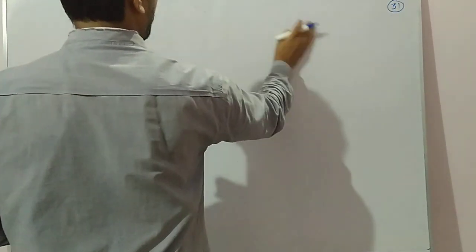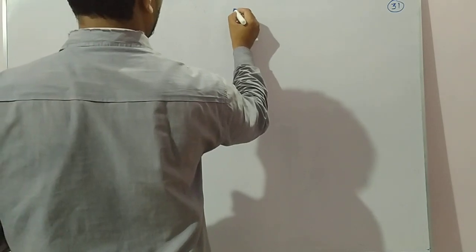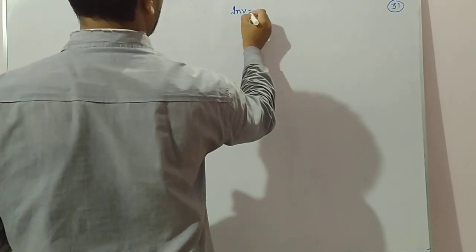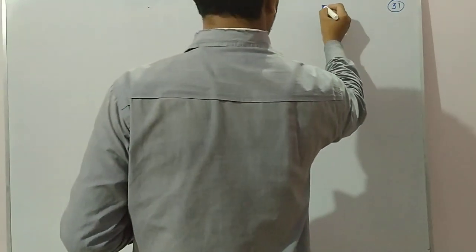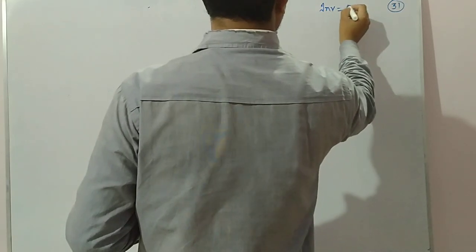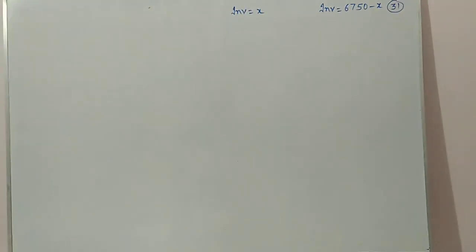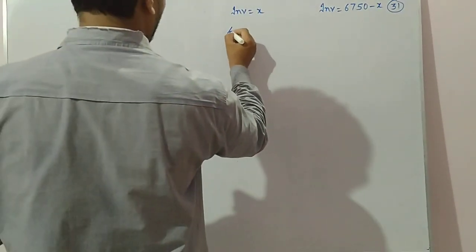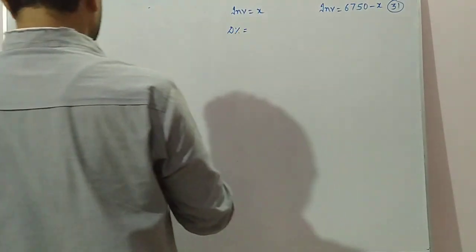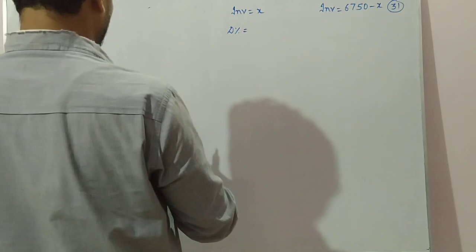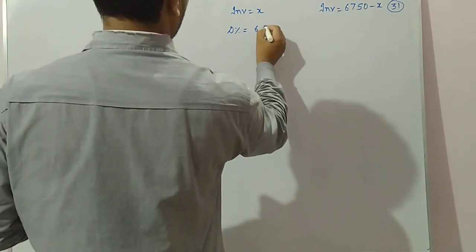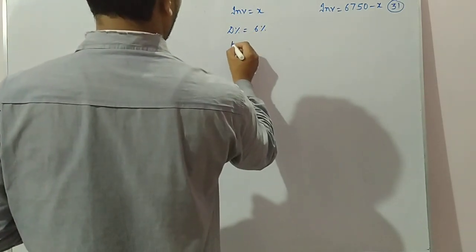So here, let in the first part the investment be X. So second part investment will be 6750 minus X. Okay. Now here the dividend percent is investing X rupees. So first part, that is 6% shares at 140. Dividend percent is 6%.